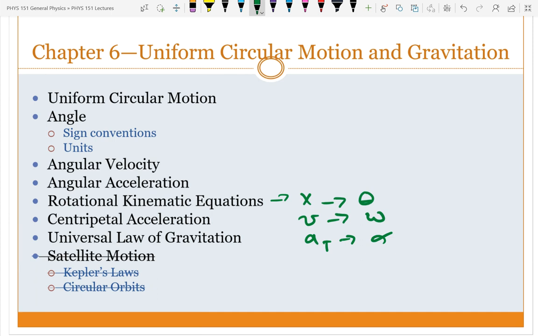That's tangential acceleration to angular acceleration. What about centripetal acceleration? What's the difference in tangential acceleration and centripetal acceleration?